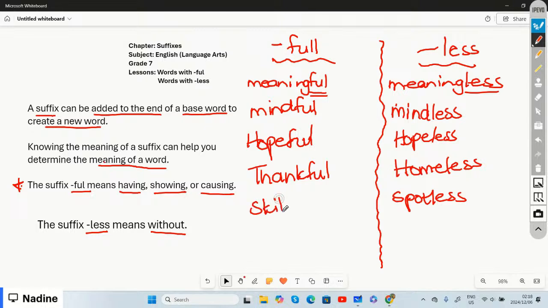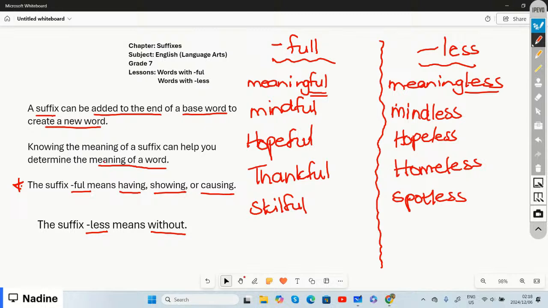Skillful. It means that you are very good at what you are doing. You are skilled. You are excellent in the trade that you're doing, or whatever you're specifically doing. Skillful, whether you're good at football, or sports, or doing things, right?